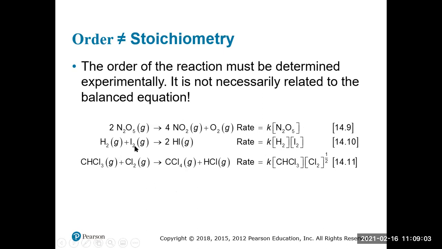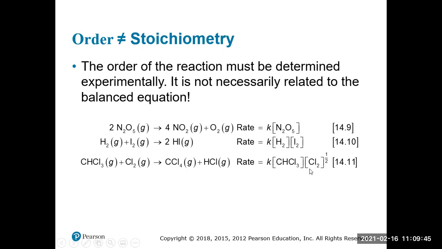We look at H2 plus I2 to form HI, and there the stoichiometry is 1 mole to 1 mole, and our rate equation is first order with respect to H2 and first order with respect to I2. So in that case, it does match the stoichiometry of the reaction. And then in the third example, CHCl3 plus Cl2, when we look at its rate equation, we have CHCl3, but then the Cl2 concentration is to the 1/2 power.